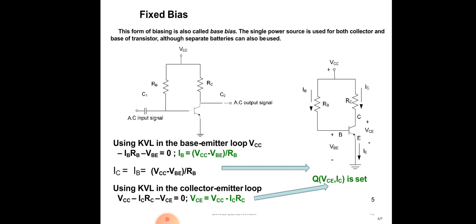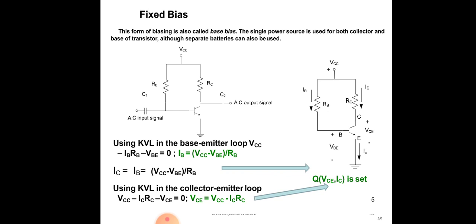That is, from the bias to the emitter terminal: VCC minus the current flowing in the RB resistor, IB into RB, minus the emitter-base junction voltage VBE, equal to 0.